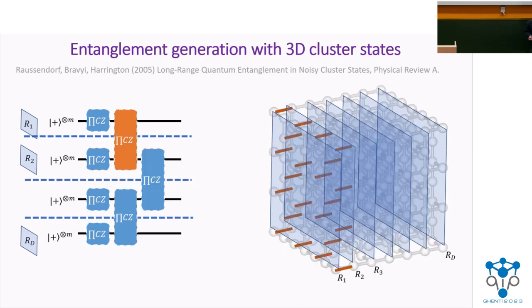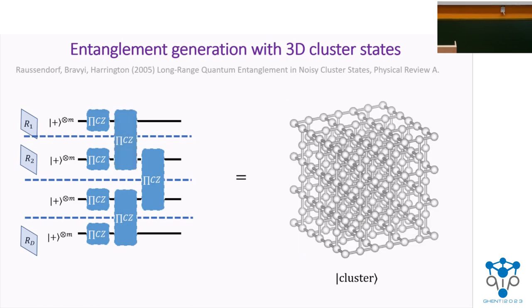Then you apply another CZ layer connecting neighboring repeater stations like this. This is the so-called cluster state, which was investigated by Raussendorf, Bravyi, and Harrington in 2005.